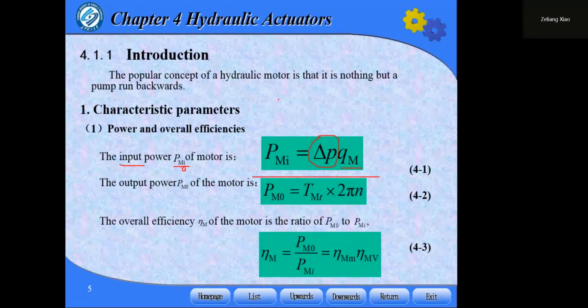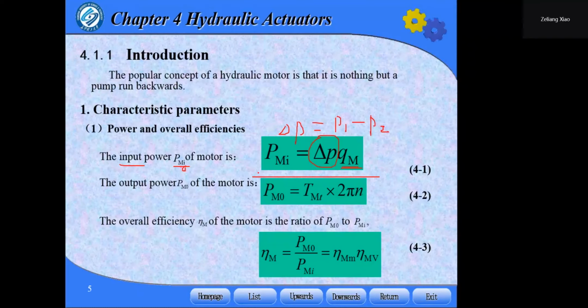The pressure increase Δp equals p1 plus p2, and the flow rate is the actual flow rate of the motors.